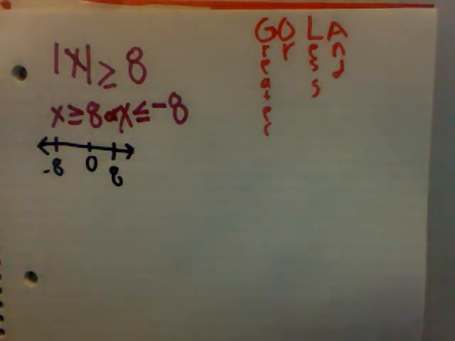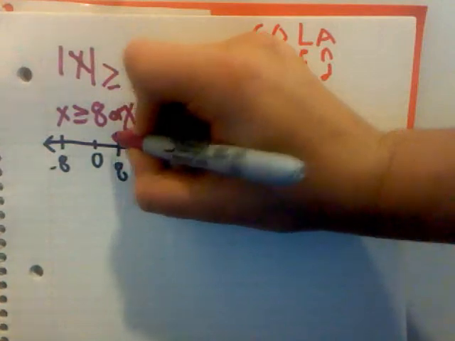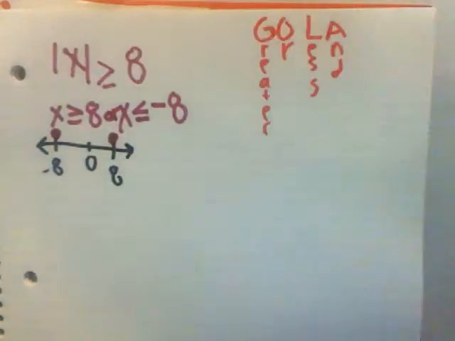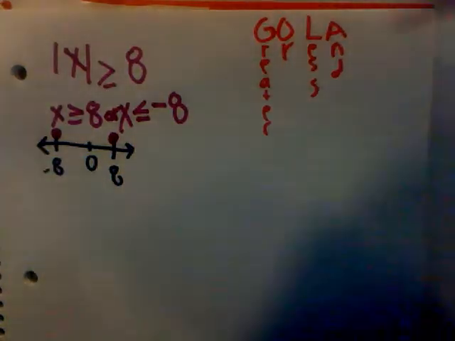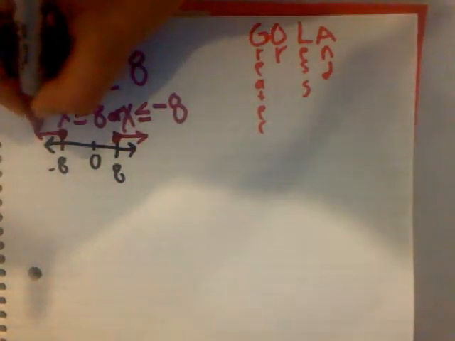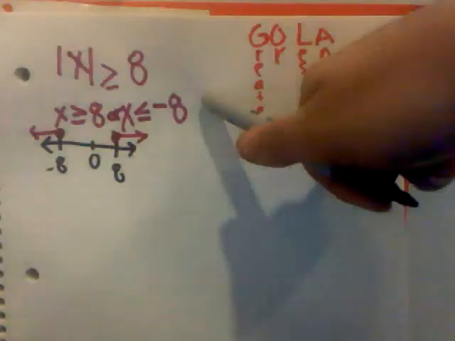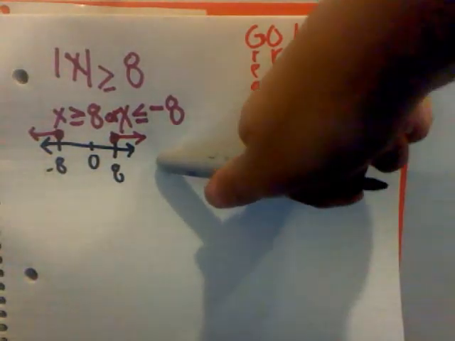Open circle or closed circle? Closed circle, because it's greater than or equal to or less than or equal to. So right there, those two. And it's an or statement, so they are going to go outward like that. And that is your graph. So that is just your solution, and that is your graph.